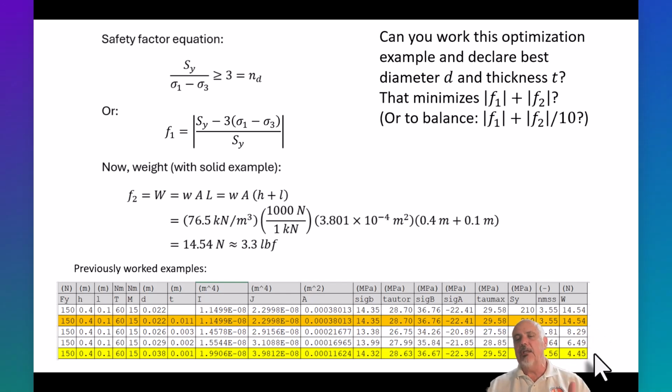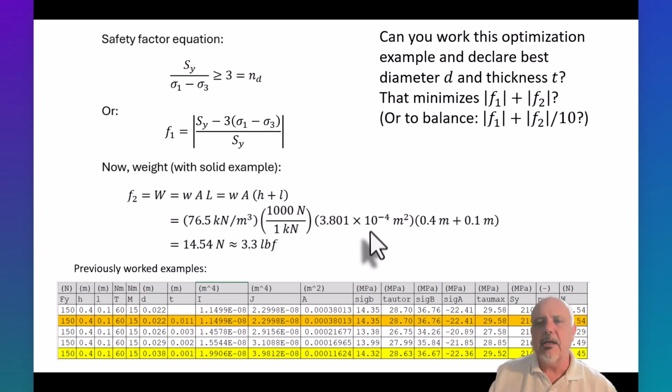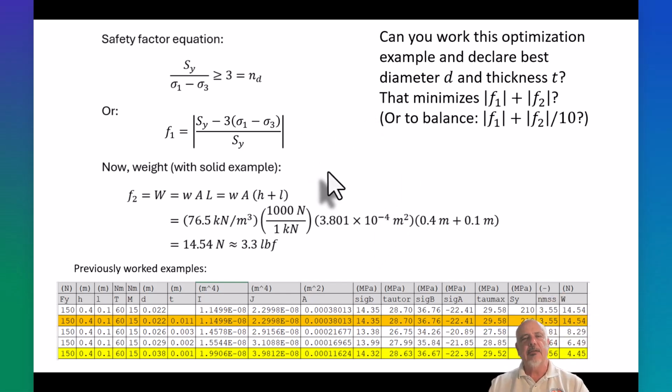So significantly less weight and actually the same safety factor. This was my starting point, and I felt pretty good that it was right. Now I'm set up to start using the optimization techniques that I've been showing you guys today.